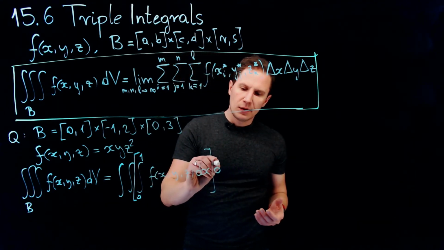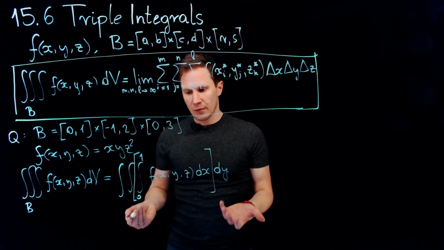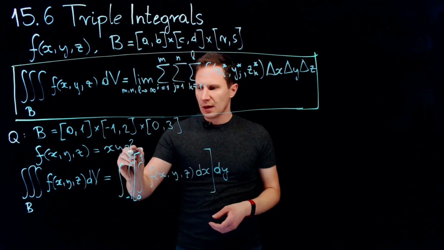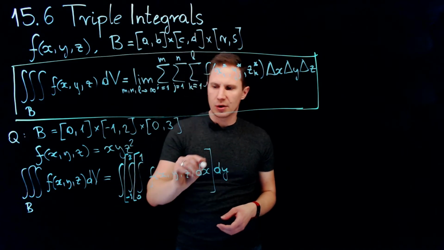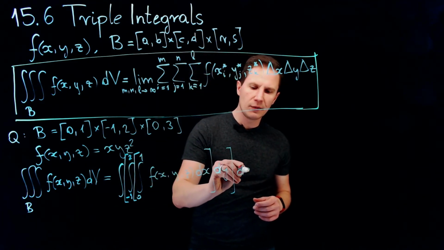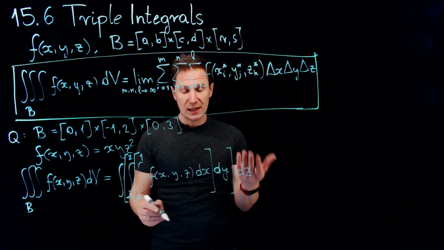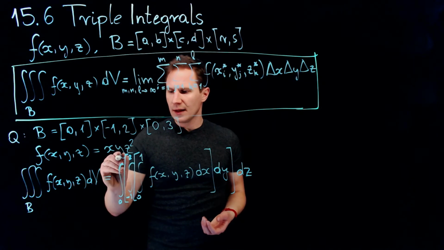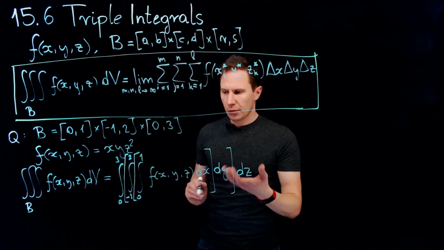Then we may integrate with respect to the y variable, with that changing between minus 1 and 2. That will give us a function of only the z variable, and then we can finally integrate with respect to that remaining variable z, with that changing between 0 and 3.